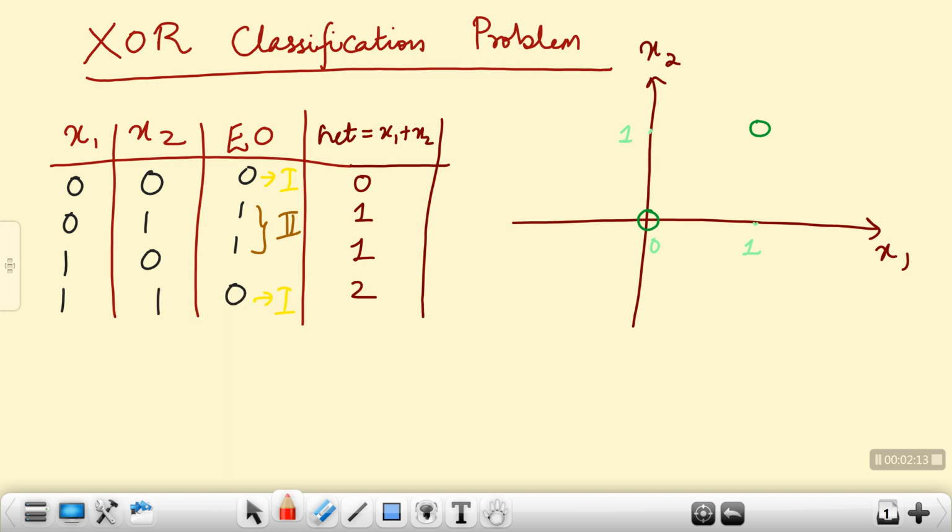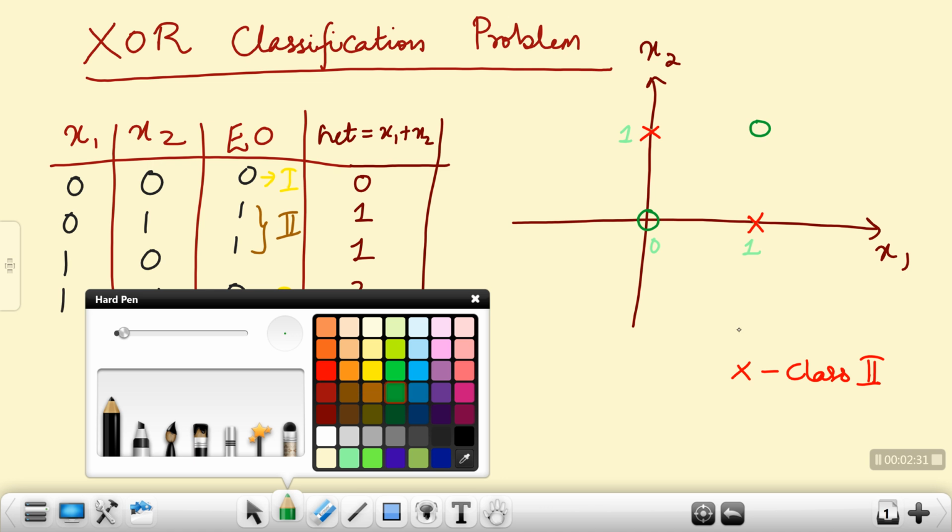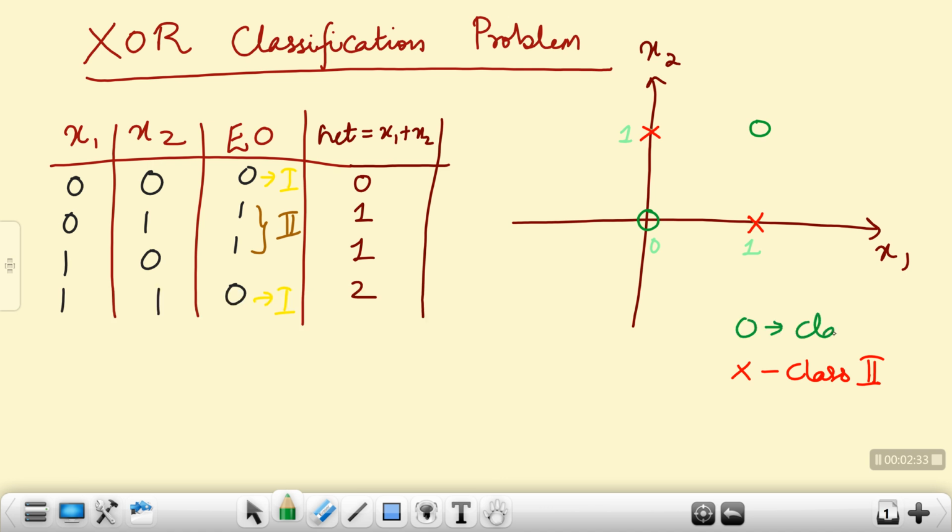The other points are here: 1,0 and 0,1. So basically X stands for class 2 and O or 0 stands for class 1.